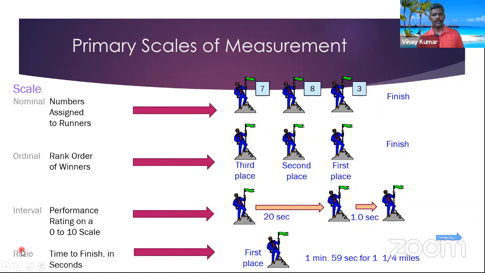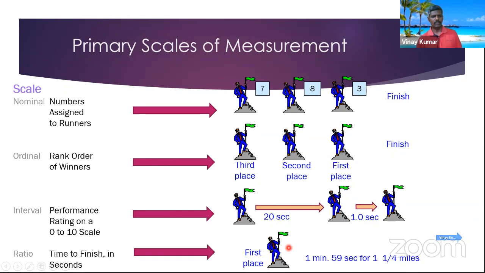And the highest level of measurement is ratio scale, which is not seen in interval scale. So here we can understand in the last stage, what is the ratio scale. So the first place winner, if you can describe the ratio here, what is the time that he has taken to win the race? So 1 minute 59 seconds for 1 mile or 1.5 miles, whatever the distance that he has run in the race.